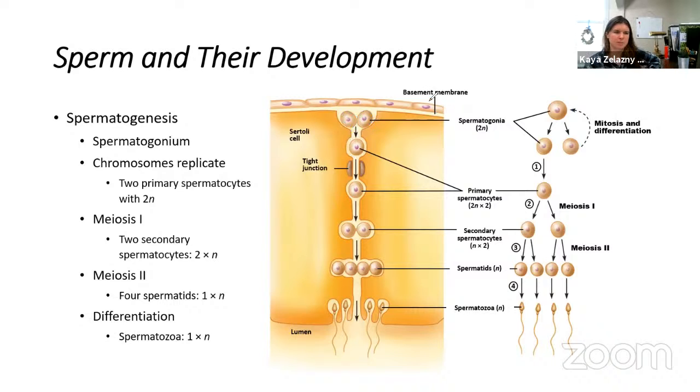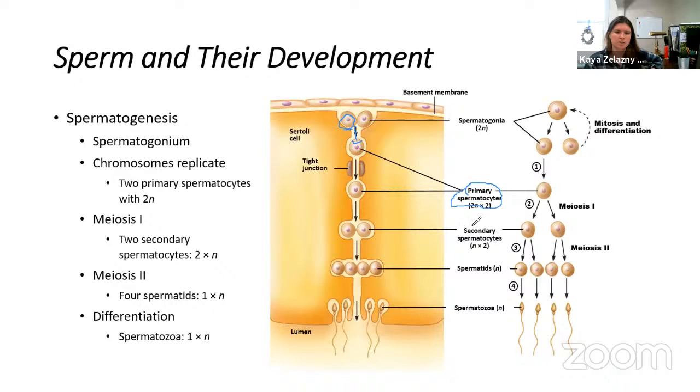So we start out with our spermatogonia, and as we move towards the development of sperm, they are going to undergo meiosis. So we're going to have the spermatogonia. We're going to have one start to descend between the Sertoli cells, producing our primary spermatocytes. Primary spermatocytes. So we would have 2 of them, only one is drawn here.